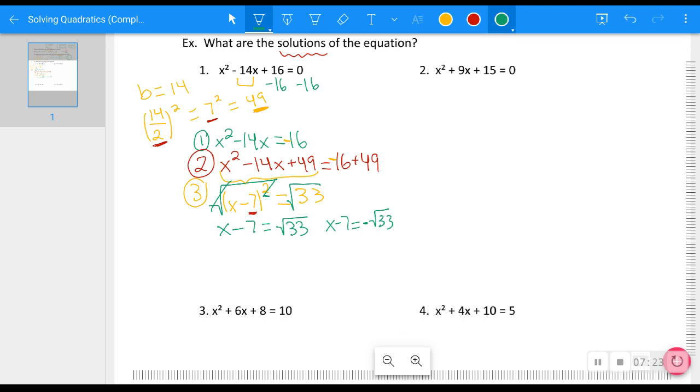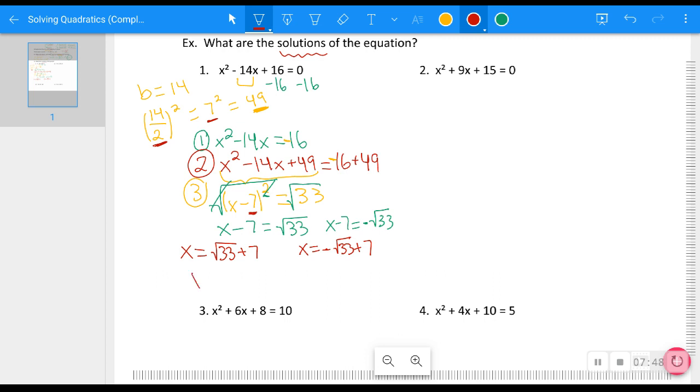Then from there, we just have to get x alone. So we can add 7 to both sides. So x is going to equal the square root of 33 plus 7. And x is going to equal negative square root of 33 plus 7. Then if you type that in your calculator, for this section, decimals are totally fine.